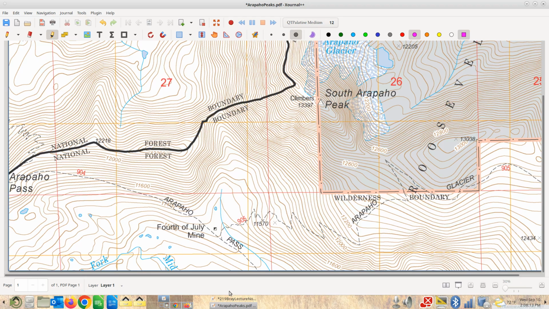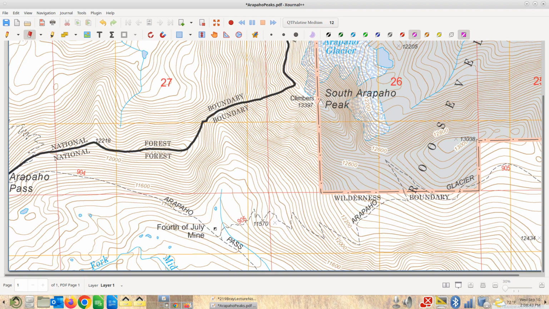So if you want to know what's going on in a certain mountainous area, here's a map that gives you just a tremendous amount of information, right? I picked this one because this is a peak that I climbed when I was in my youth. And there's the peak right there. It goes up to just under 13,400. A lot of work to get up there.